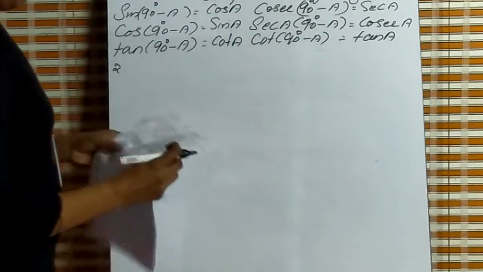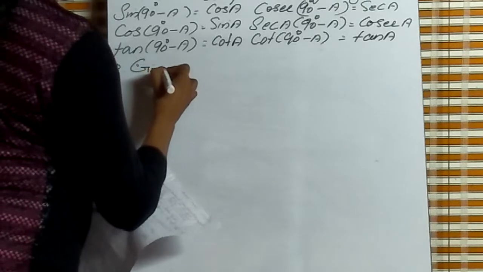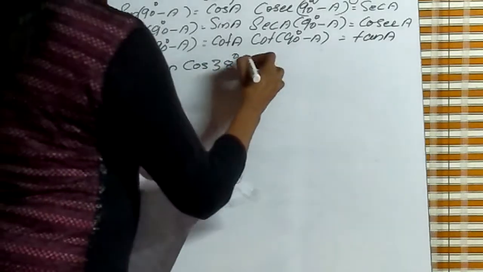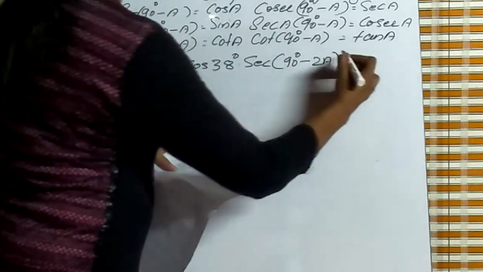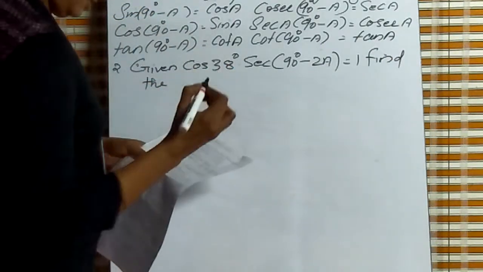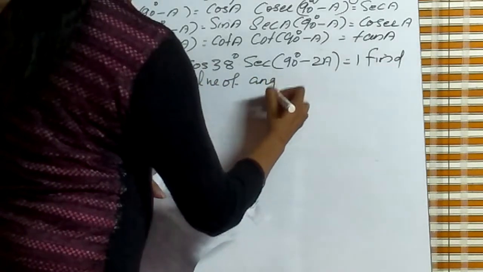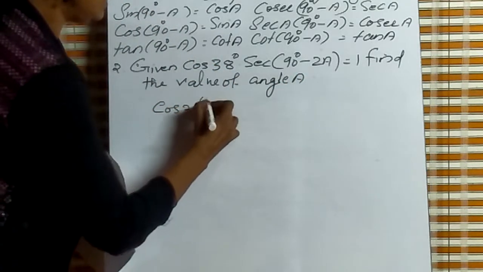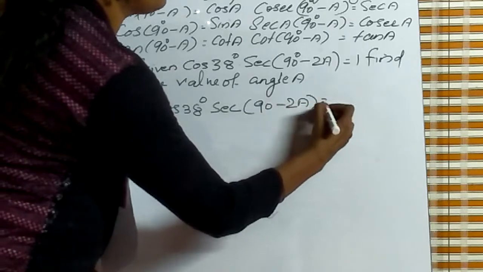Question number 2. Given cos 38° into sec(90° − 2A) is equal to 1, find the value of angle A. We have cos 38° into sec(90° − 2A) is equal to 1.